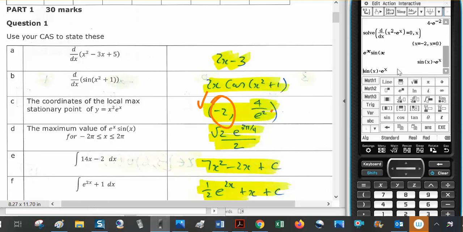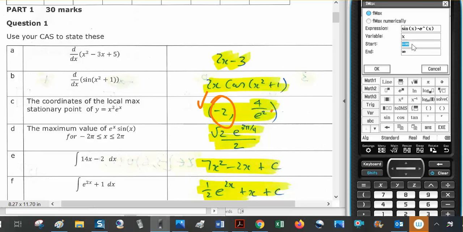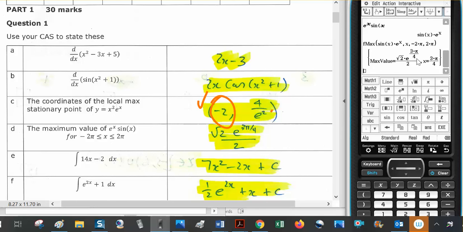I can interactive calculate f max, f min, choose f max, and I know that it's got to be between -2 pi and 2 pi. And that will give me the maximum value, which is this value here, and that's all the question's asking for.